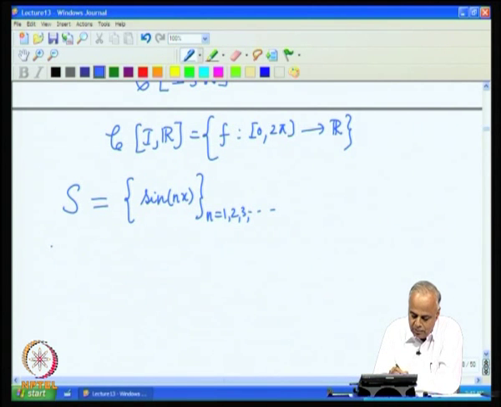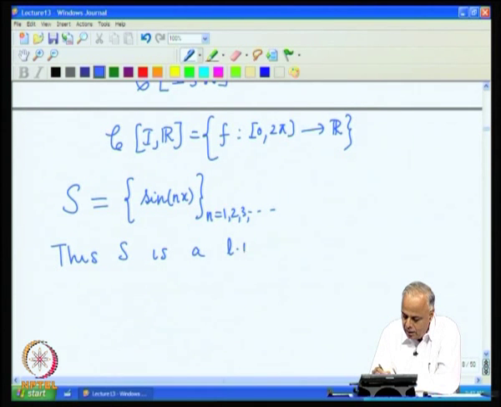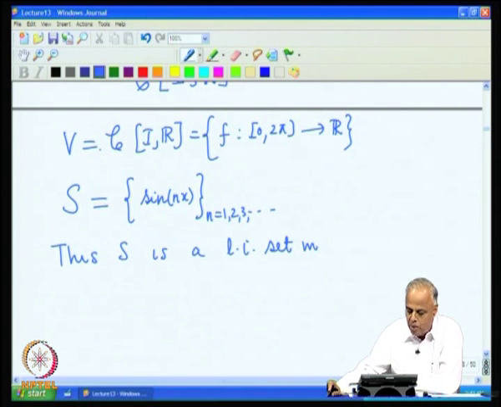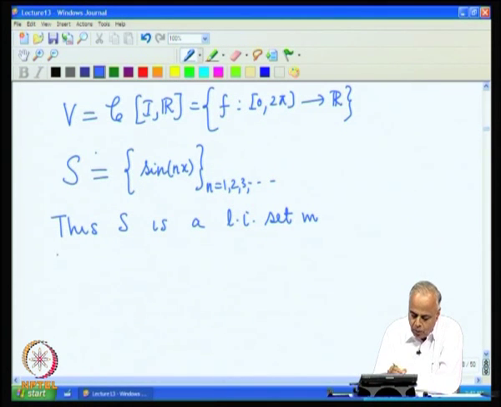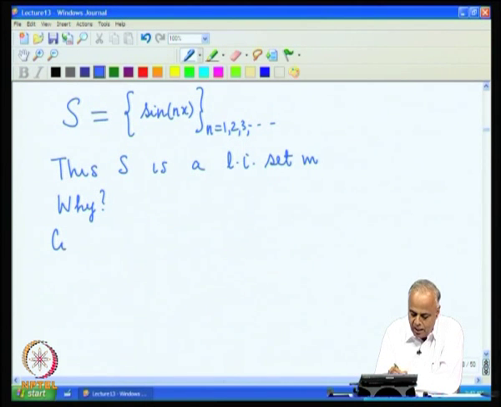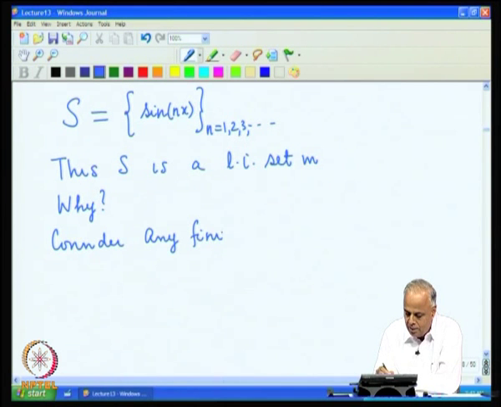Now, this S is a linearly independent set in this vector space V, where our vector space is the collection of all continuous functions defined on the interval 0 to pi and taking real values. Why? What is it that we have to show for S to be linearly independent? We have to show that any finite set is linearly independent. Consider any finite subset.